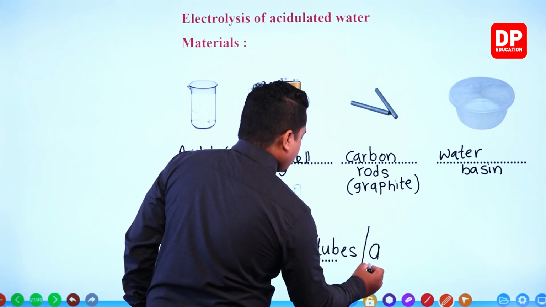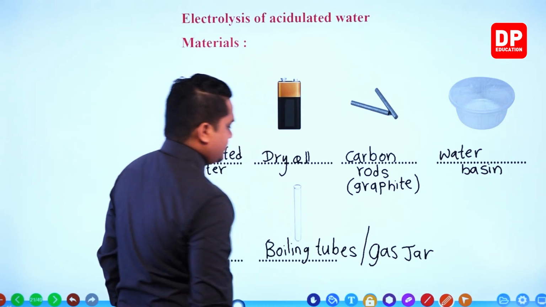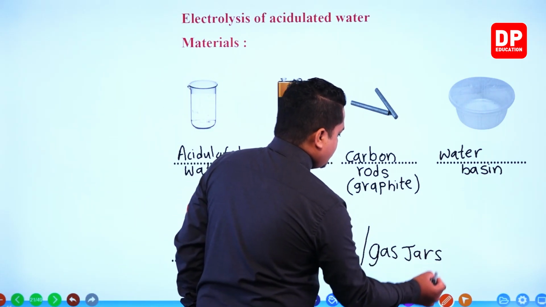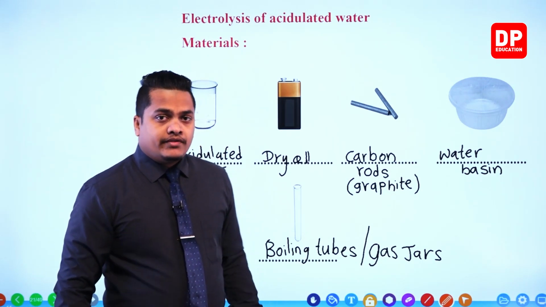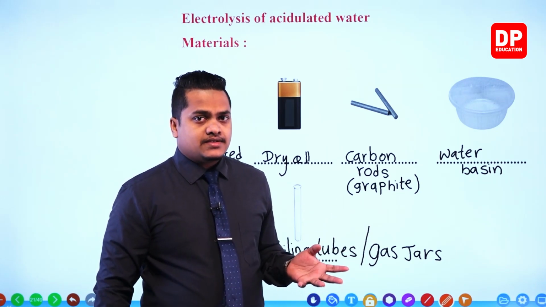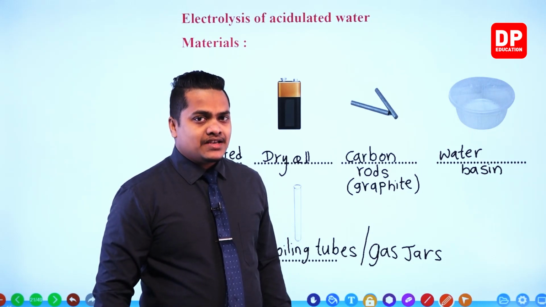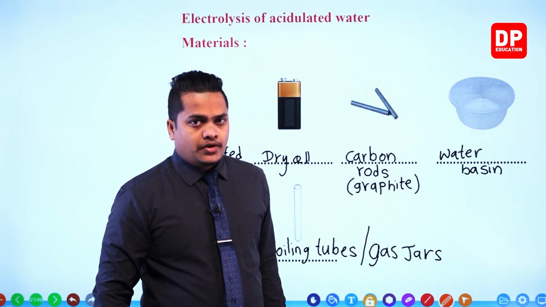So I'll mention gas jar as well. Actually we'll be needing two gas jars. Within this activity, my dear children, two kinds of gases are going to emit. Therefore you'll be needing two gas jars or two boiling tubes in order to collect these gases, okay.